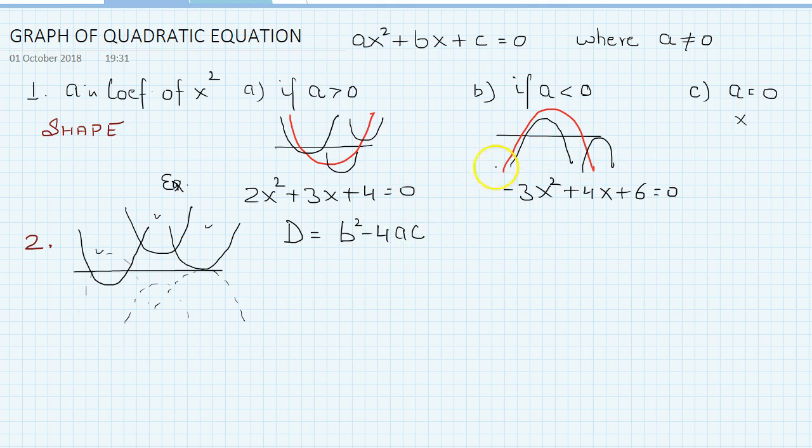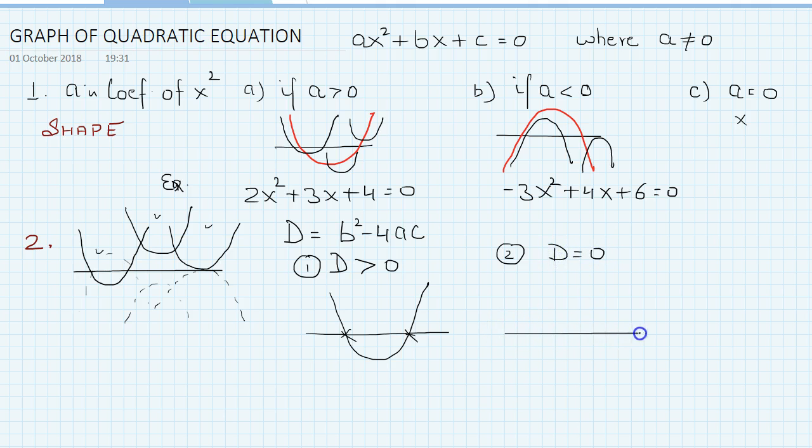Now there are three conditions. First is if D is greater than 0, then the graph will cross the x-axis at 2 points. Second condition is if D is equal to 0, then the graph will just touch the x-axis at 1 point.